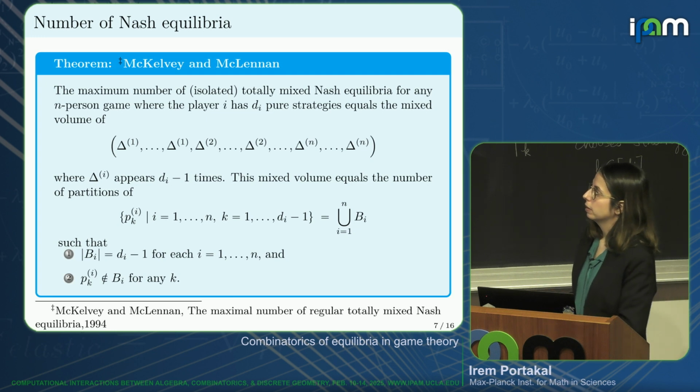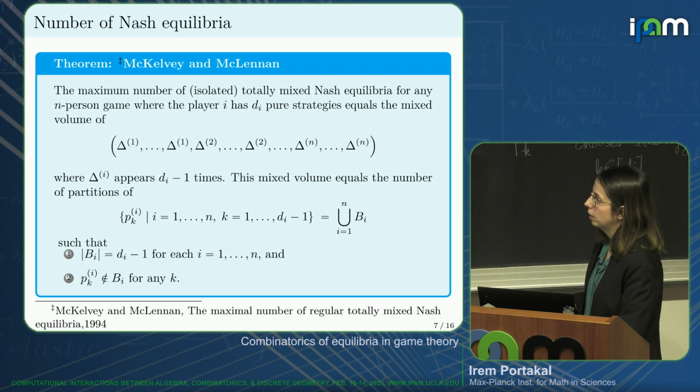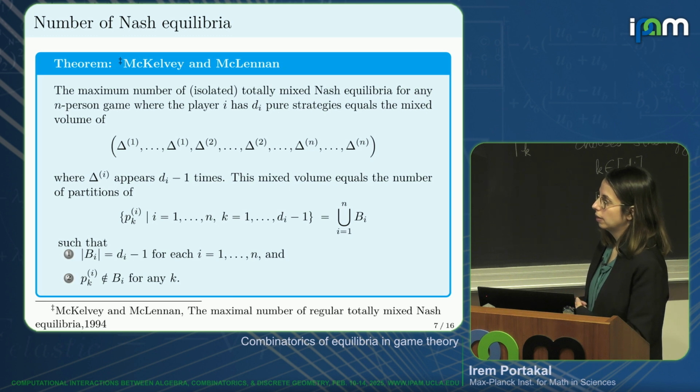So what we are doing here is that we have these boxes, let's say, from 1 to n. So Bi is the ith box. And here I have my variables that we saw in this big multilinear equation, bk to the i. So for each player I have the di minus 1 variables because I eliminated 1.